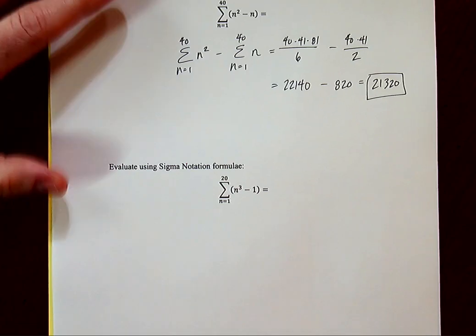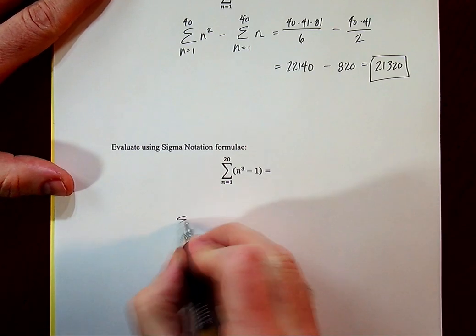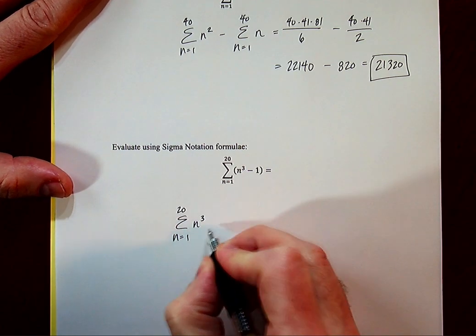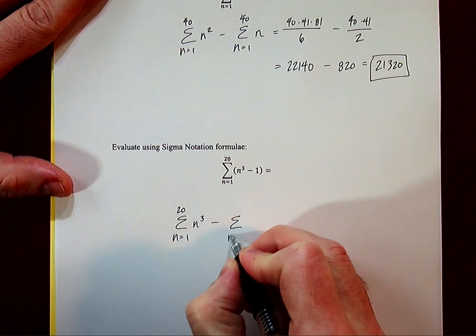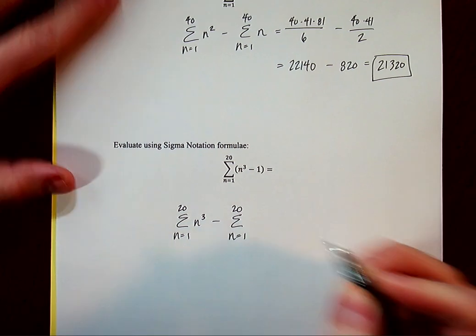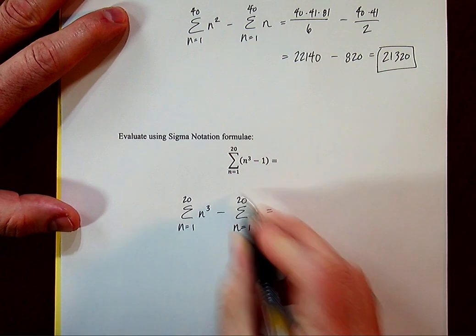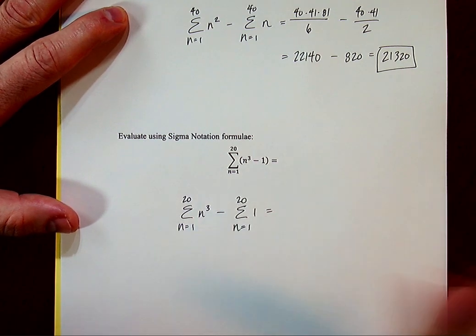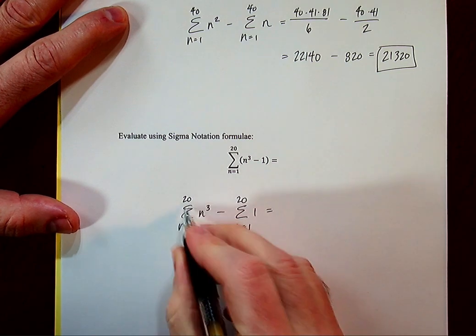If you want to check it with your calculator, you're more than welcome to do so. I'm not going to check all of these with the calculator. In this one, again, we're just going to pull it apart as we know how to do. Now this one again doesn't need a formula. I know that that's 1 added to itself 20 times, so it's just 20. This one, however, I see this up here.